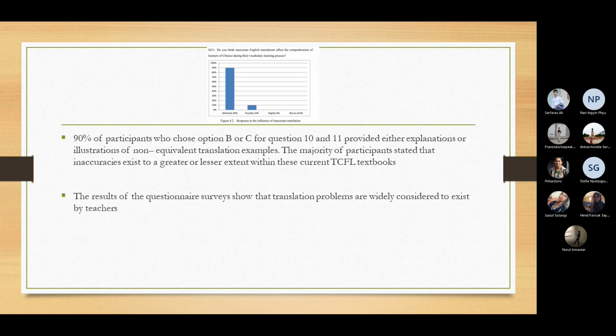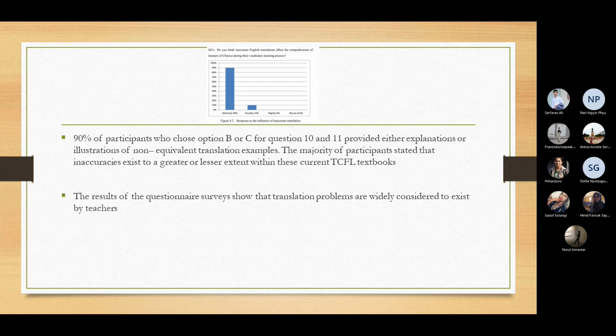So question number 11 was included: do you think that inaccurate English translations affect the comprehension of learners of Chinese during their vocabulary learning process?